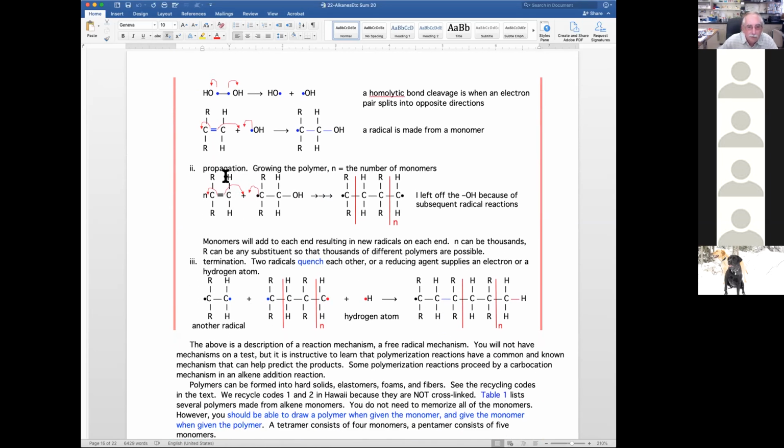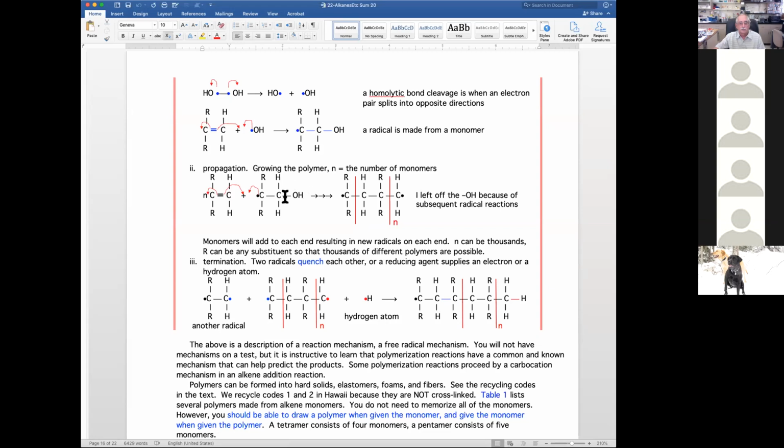So then I got a whole bunch of these monomers hanging out, but one of them is super reactive. So look what happens. This interacts with one of those pi electrons, makes the new bond here, and that goes off and forms another radical on that end over there. And after a while, this one hydroxyl group is not even important anymore.